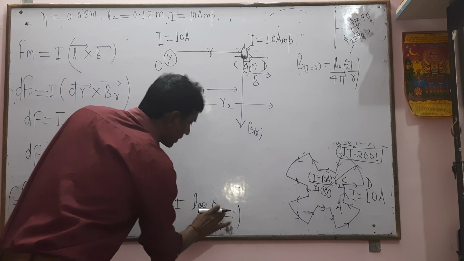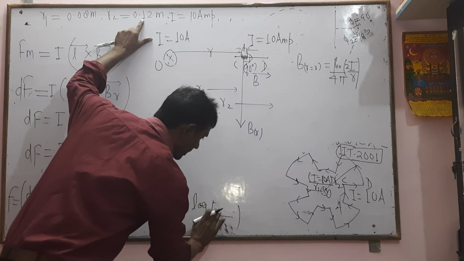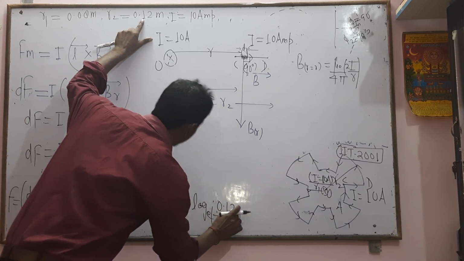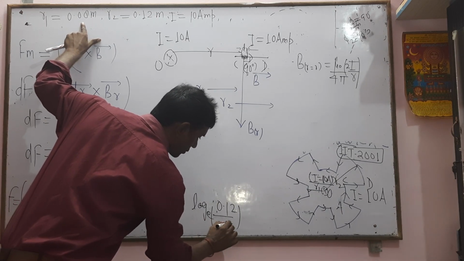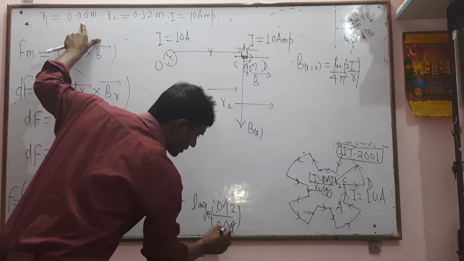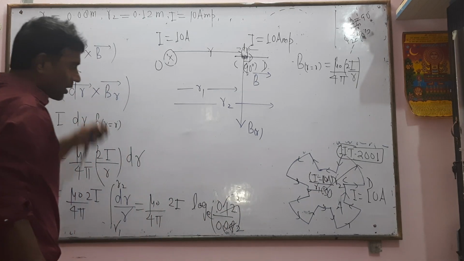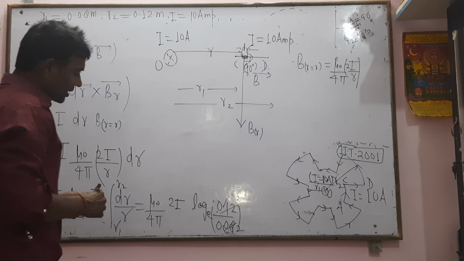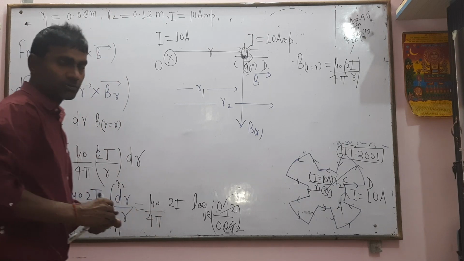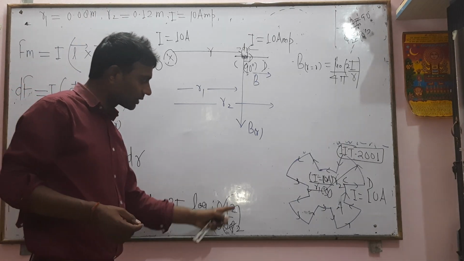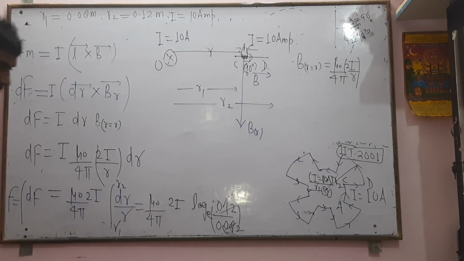Now in place of R2 put the value 0.12, and in place of R1 put 0.08. The decimal point will be removed, so cancel: 4 twos are 8, 4 threes are 12. So log of 3 by 2 at base e. So mu naught by 4 pi 2I into log of 3 by 2, log 3 minus log 2. This will be the given value. So putting the value of log 3 minus log 2, finally you can say this.